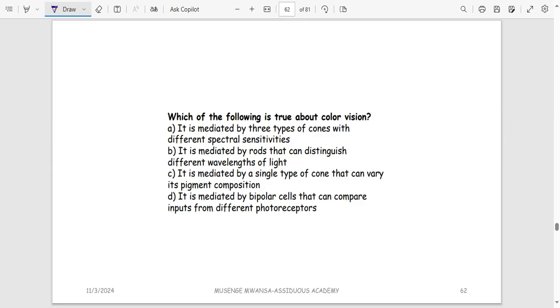Which of the following is true about color vision? Mediated by three types of cones with different spectral sensitivities. It's mediated by rods that can distinguish different wavelengths of light. It's mediated by a single type of cone that can vary its pigment composition. It's mediated by bipolar cells that can compare inputs from different photoreceptors. Option A. So remember, I've got three types of cones.